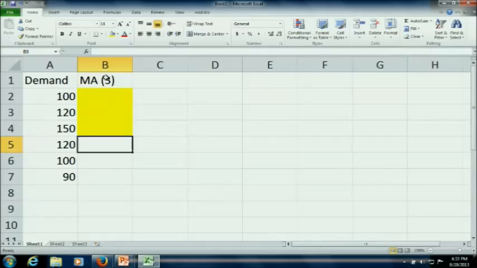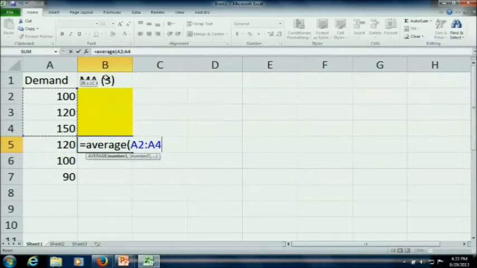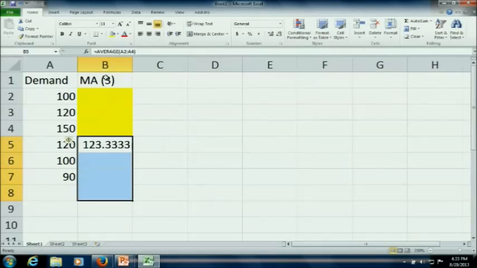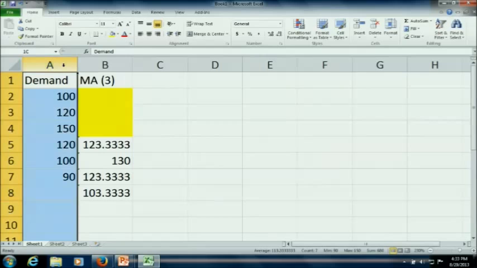So if I was forecasting the 4th period, what would be the moving average forecast? I'd take the average of the 3 prior periods, right? And I can fill that down.